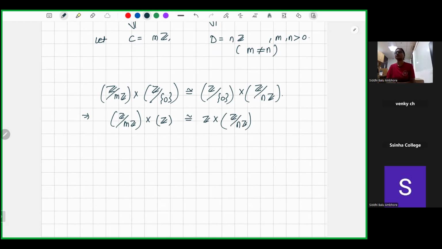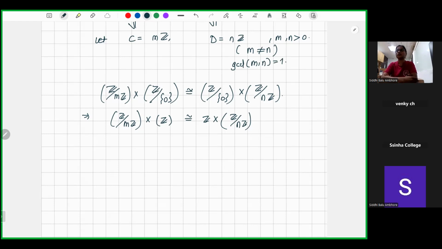Can this ever be isomorphic for M not equal to N? And even to make life easier, we can do also this. What can you say in this case?